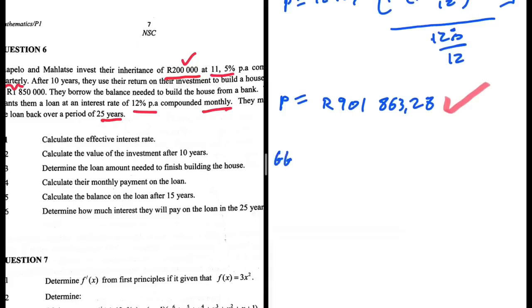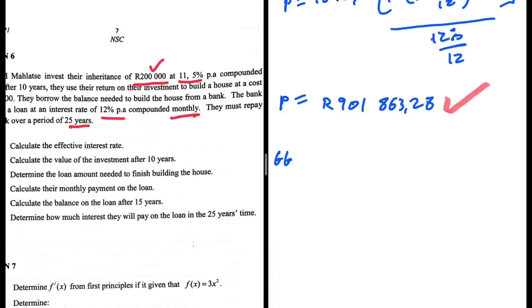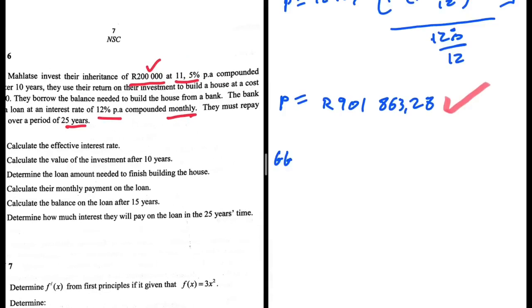6.6, determine how much interest they will pay on the loan in the 25 years' time. So the interest paid on the loan in the 25 years' time is a matter of saying the total payments minus the loan amount.